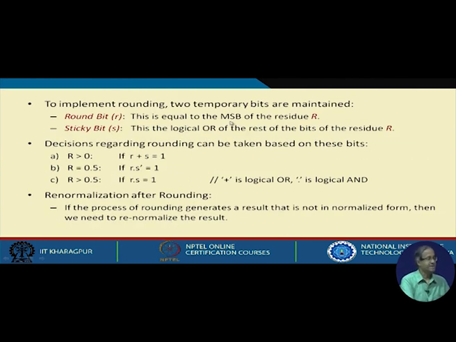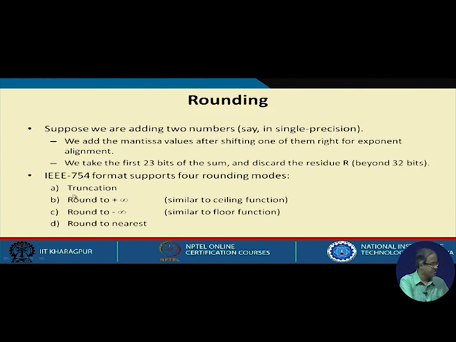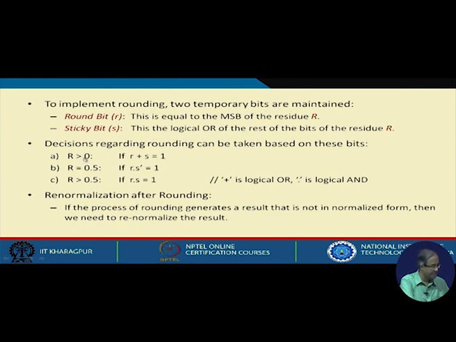To implement this, 2 temporary bits are used in the representation. One is called the round bit, which is the most significant bit of the remaining residue R, and the sticky bit S. The value of S is the logical OR of the remaining bits of R other than the MSB. Now, you can take the decision, and accordingly, whichever rounding mode you use, you can implement it by knowing these values.